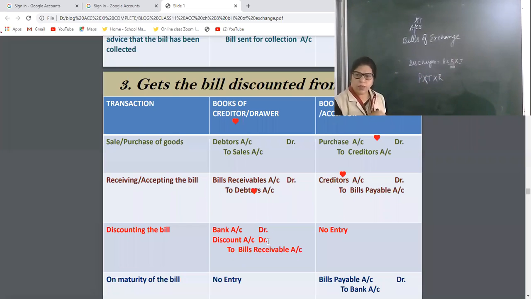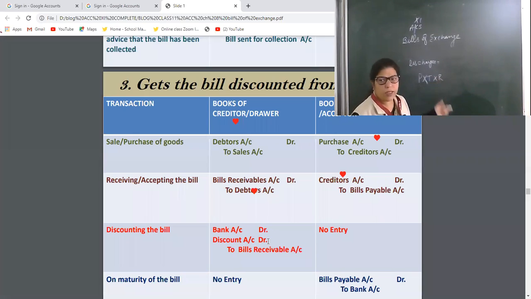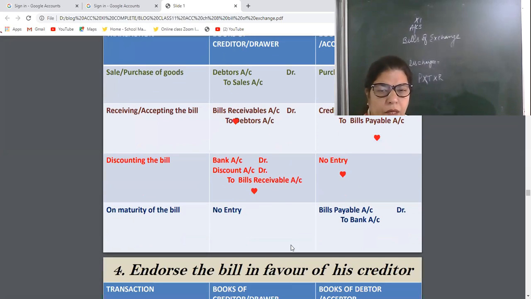Same formula for interest calculation, and discount charges will also be the same: principal amount into time into rate, amount of bill into time into rate. That will be easy for you, and rate is always in percent, that's why upon 12. Now on maturity of the bill, he will not get any payment. Why?